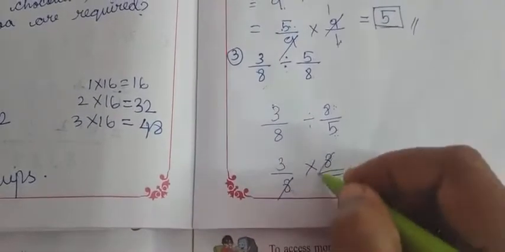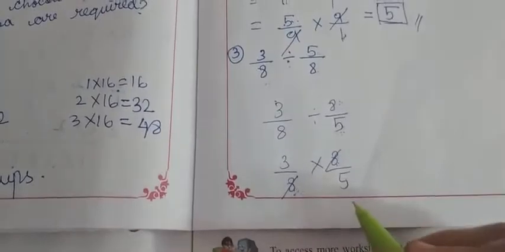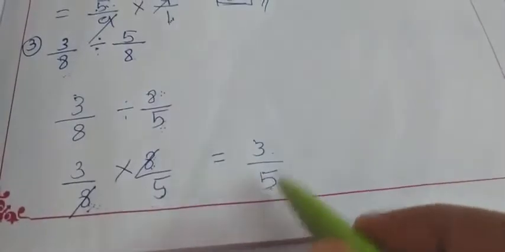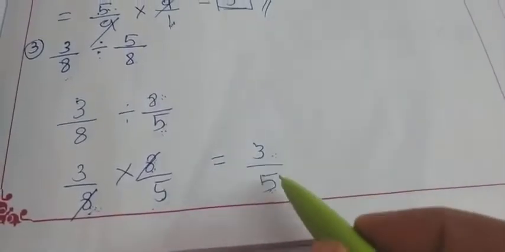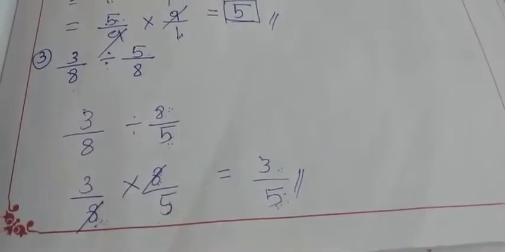This 8 and this 8 have been cancelled. Now what is remaining? 3 by 5 is remaining, because we cannot use any common table for 3 and 5. So write it 3 by 5. This is the answer. Got it, students?